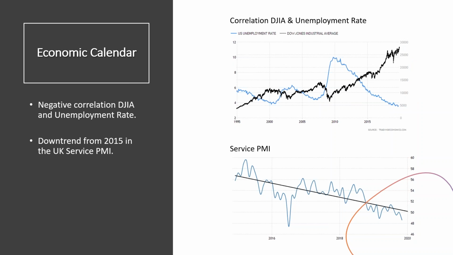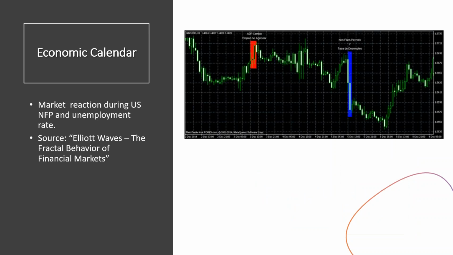And I will show you in the next slide how the market used to react when the actual number is far different from the forecast. Okay, so we can see here a big reaction in the non-farm payroll and the unemployment rate.